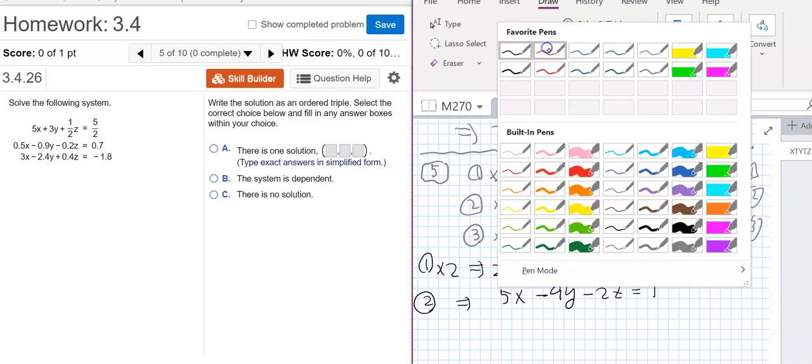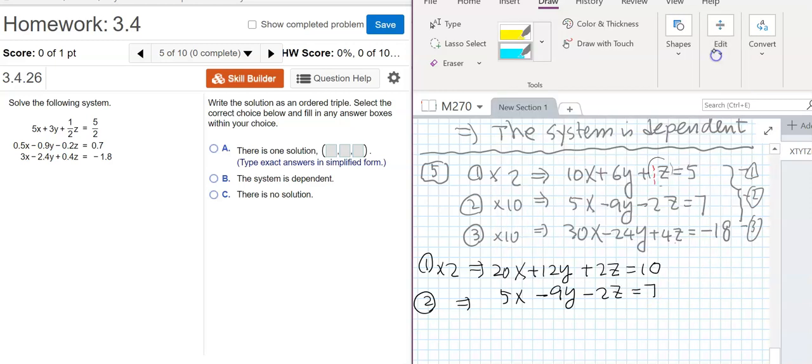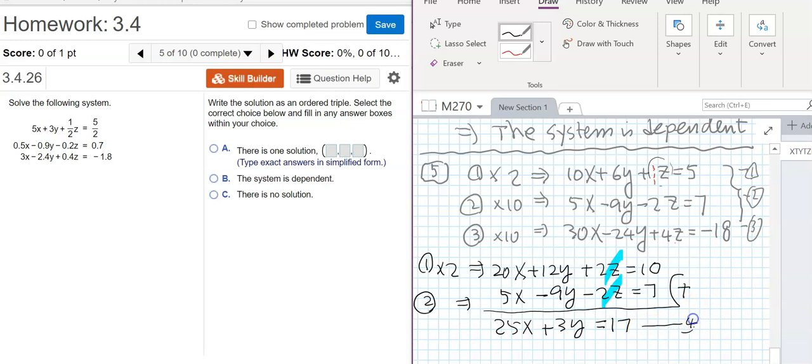Now, what was the purpose of doing this? I'm going to eliminate z, remember? So now I add, so it is 25x plus 3y equal 17. And I'm going to call this equation number 4.